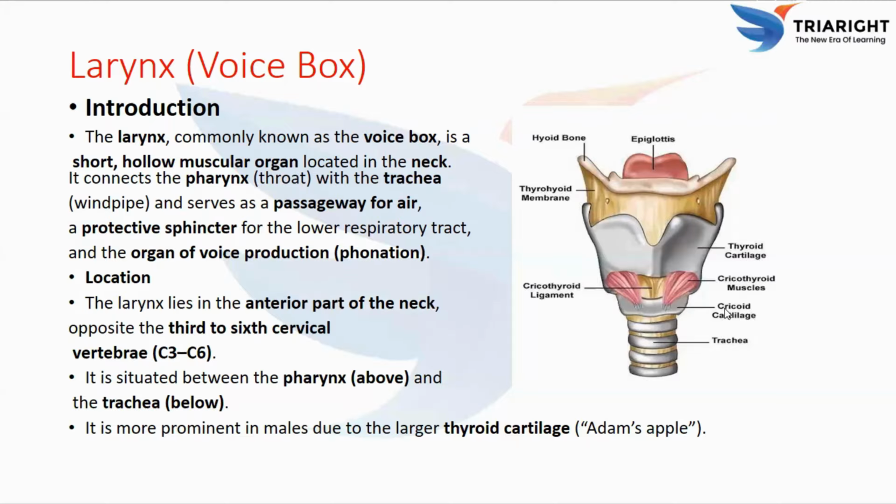The cricothyroid muscles control the tension of the vocal cords, changing the pitch while speaking. And the last part below the larynx is the trachea, a tube that carries air down to the lungs.